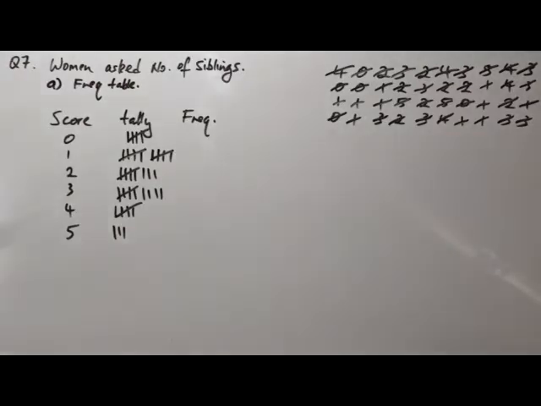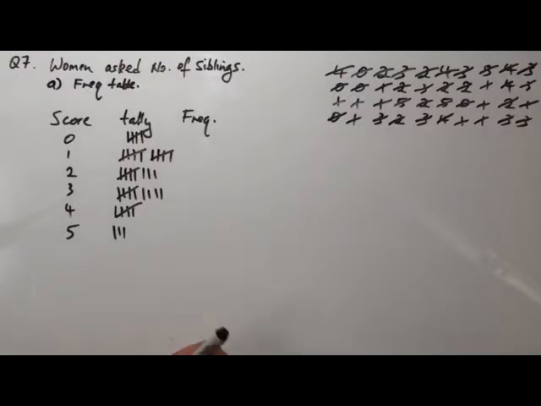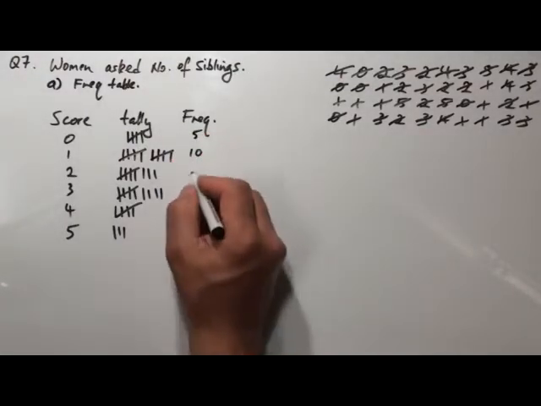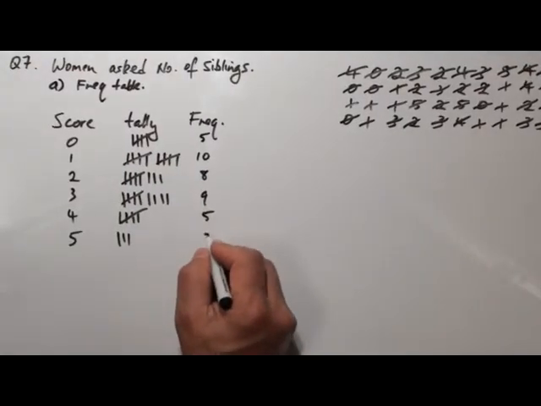So now we've done all the tally of all the numbers, and you notice I haven't missed any, and now we can complete the frequency. So this straight away is 5, that's 10, 8, 9, 5 and 3.